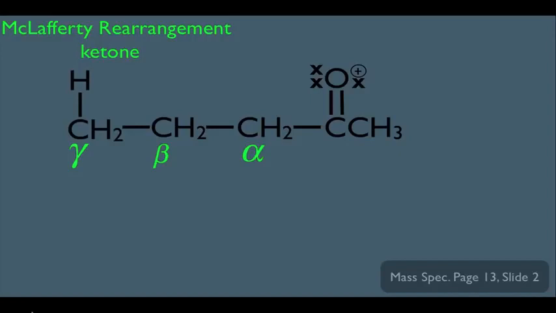Here is our electron movement for McLafferty rearrangement. One of the electrons on the oxygen moves up here. One of the electrons in the CH bond meets up with him, which means this hydrogen right here is going to now be connected to this oxygen right here. However, there's another electron movement here. The other electron in the CH bond falls down between the gamma and beta carbon.